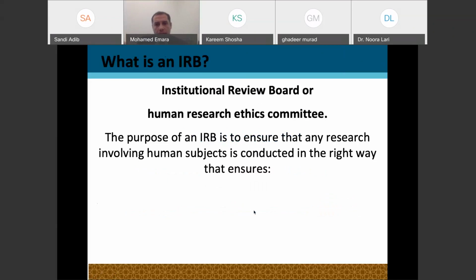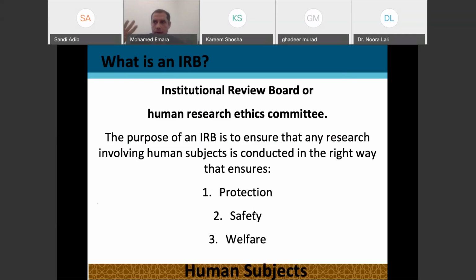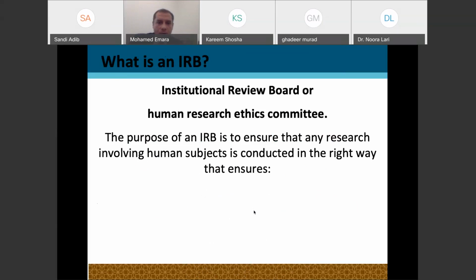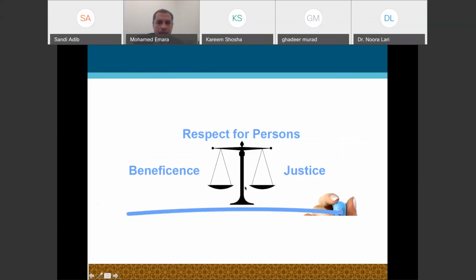The purpose of the IRB is to ensure that any research involving human subjects, and I want to highlight this, guys, any research involving human subjects, is conducted in the right way that ensures three things: the protection, safety, and welfare of the human subjects, which is aligned with respect, justice, and benefit.